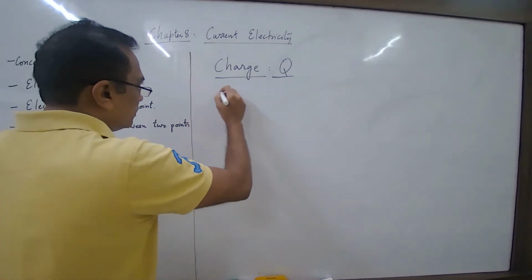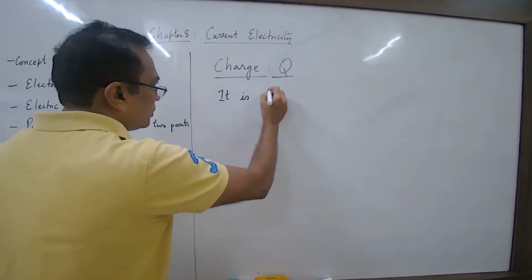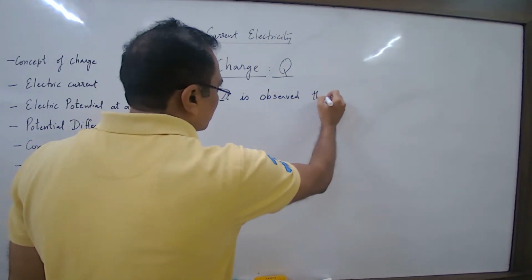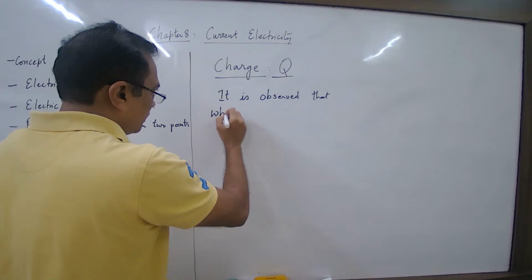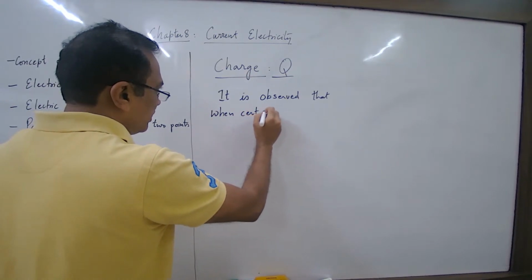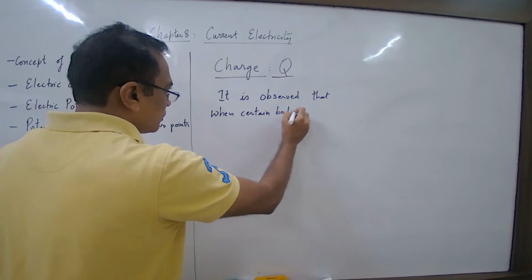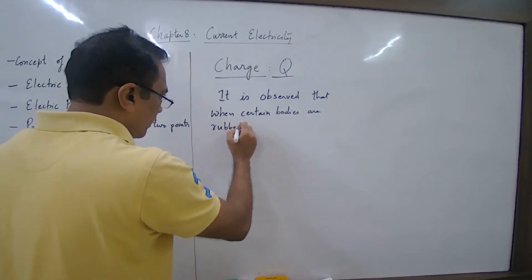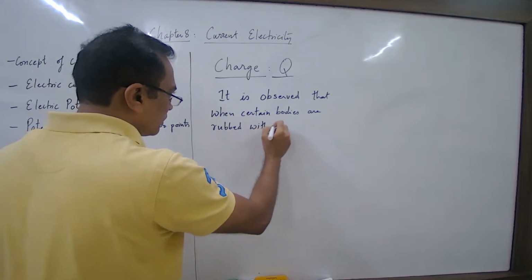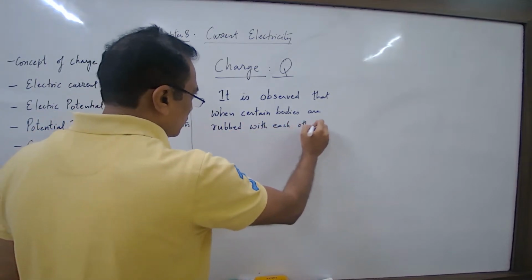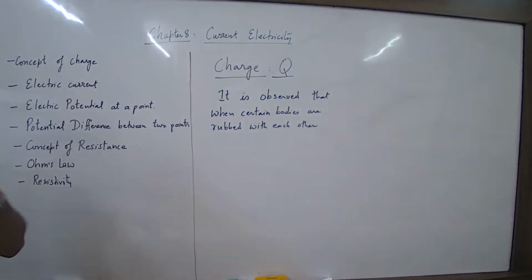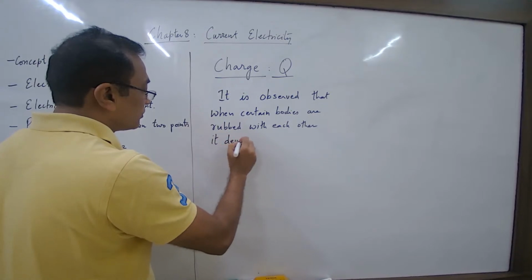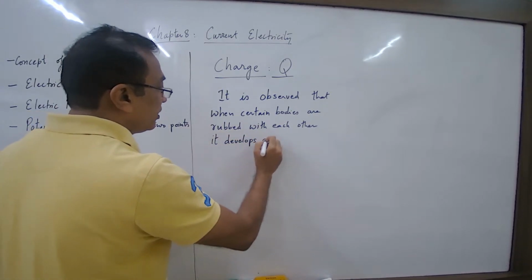It is observed when certain bodies are rubbed with each other, right? When certain bodies are rubbed with each other, they develop attractive properties.